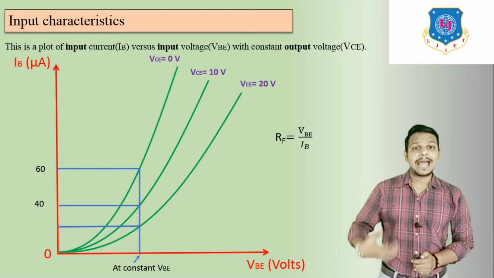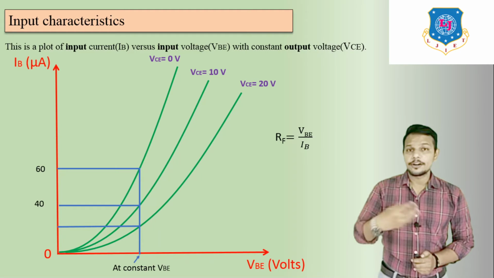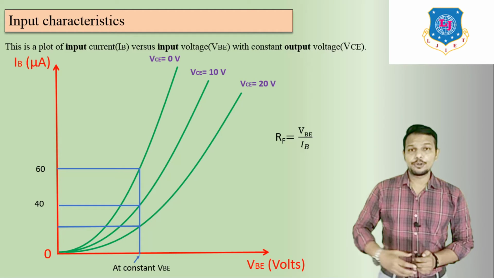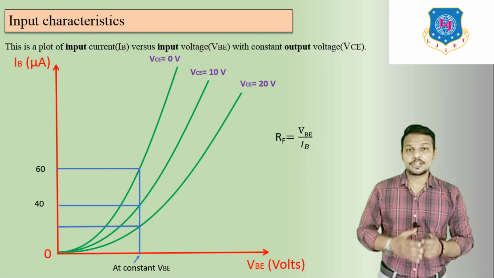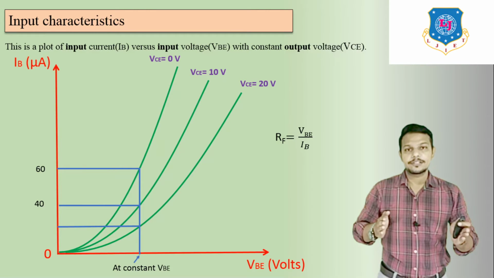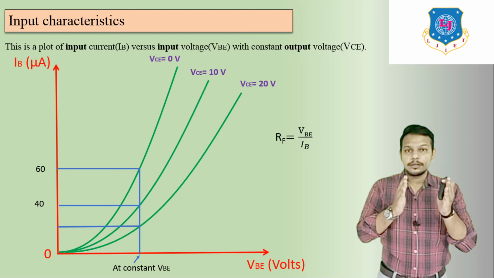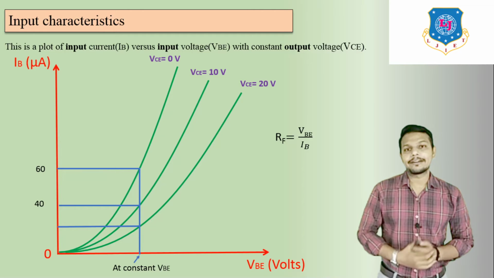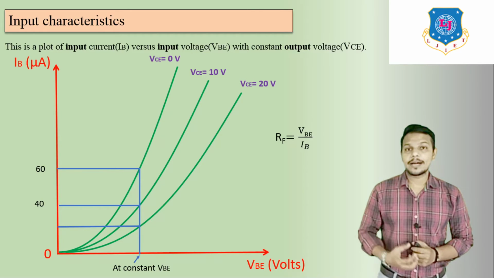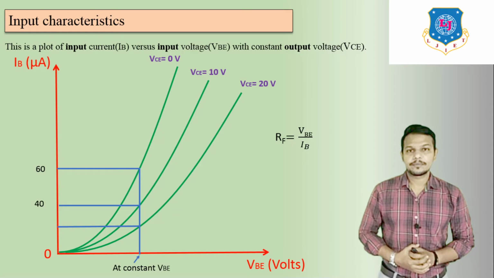So why does it happen? Because VCE is in reverse bias. If you increase the reverse voltage, the depletion region width is increased. That's why the base region's effective width is decreased, and that's why the recombination process is decreased.